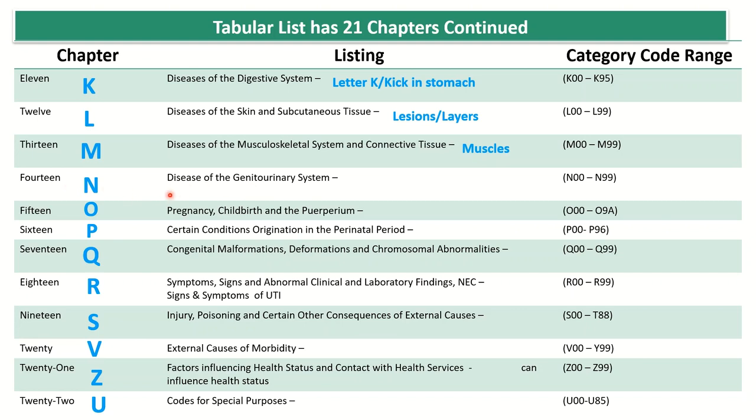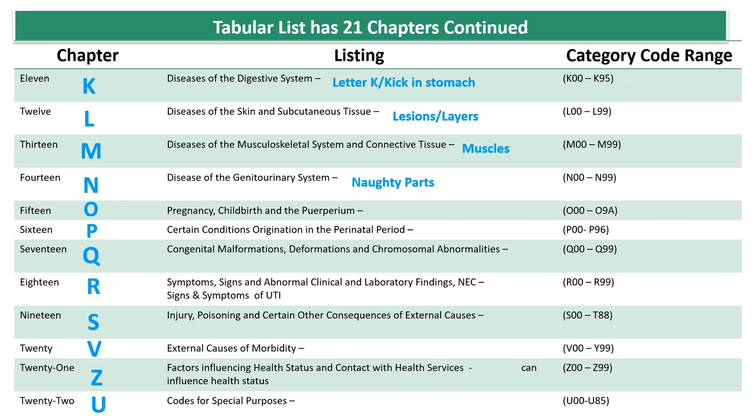Chapter 14 houses all of the diseases of the genitourinary system, and those diseases begin with the letter N, N00 through N99. What reminds us of the N genitourinary system diseases? Well, those naughty parts, right?